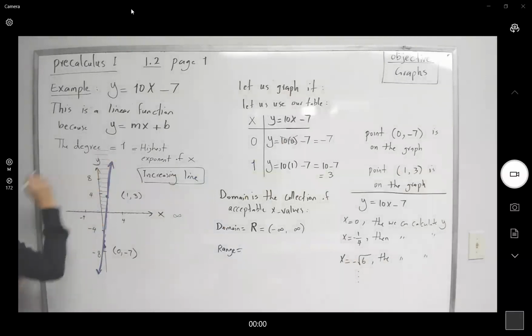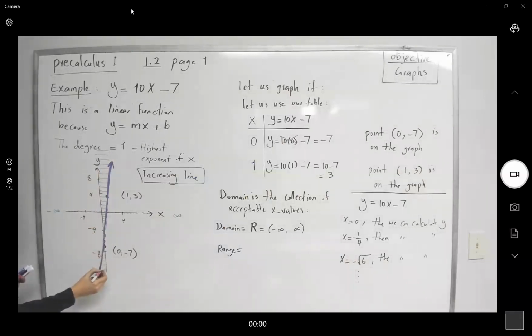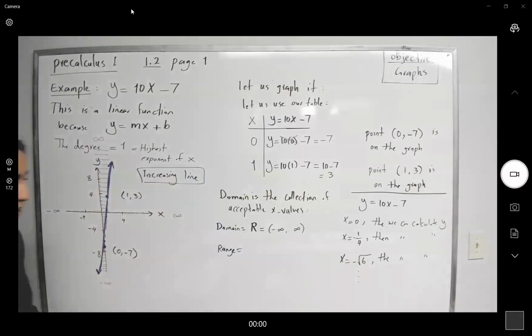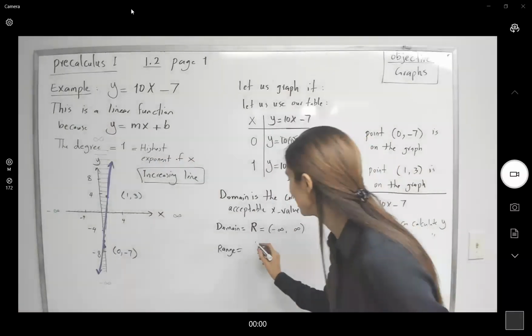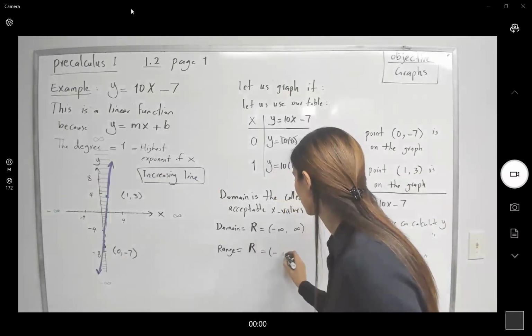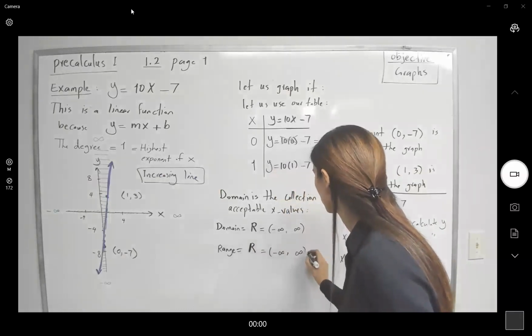What's the meaning of that? It means that everything on y-axis is acceptable, from -infinity to +infinity. So again, the range is the same as the domain, R or -infinity to +infinity.